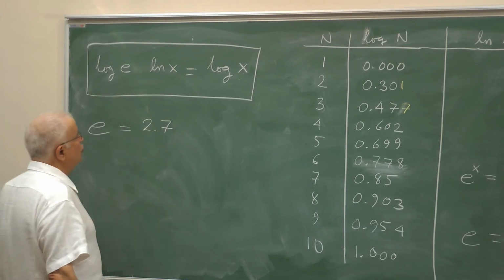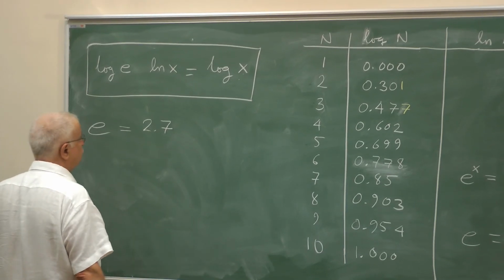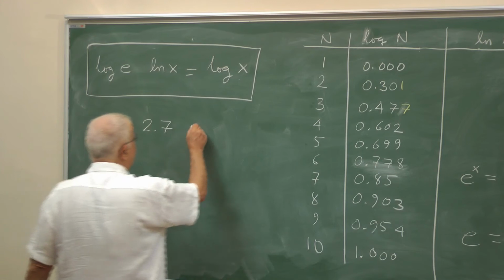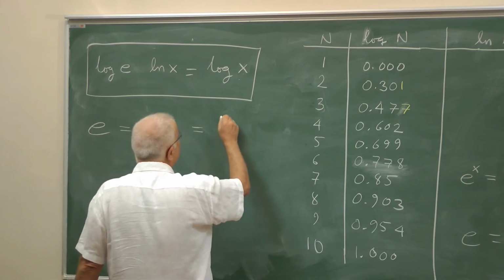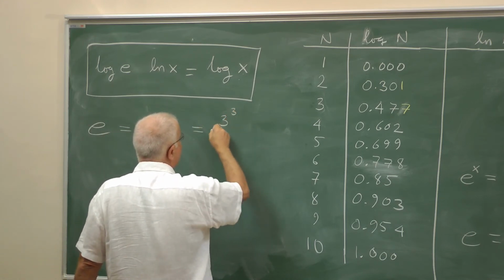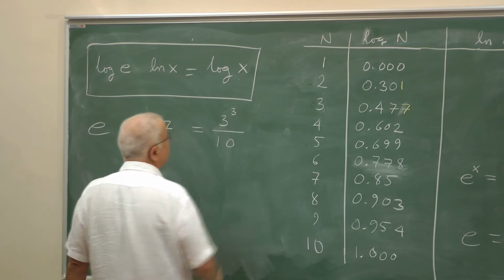So how do you find the logarithm of that? Well, 2.7 is 3 to the third power divided by 10.